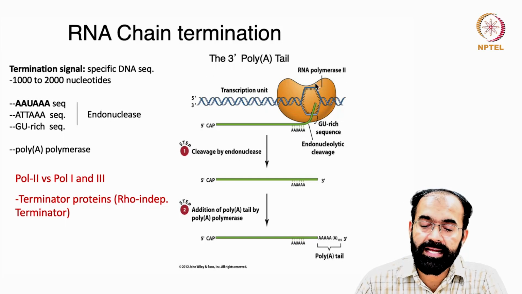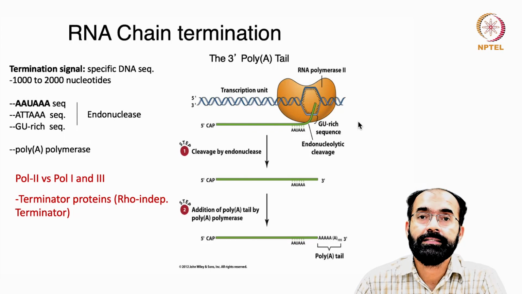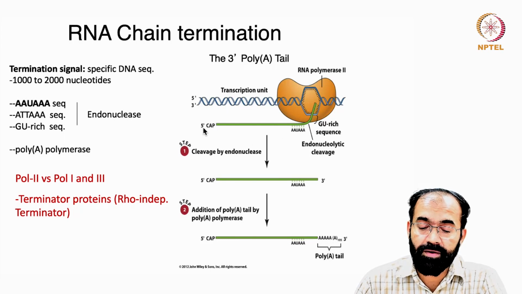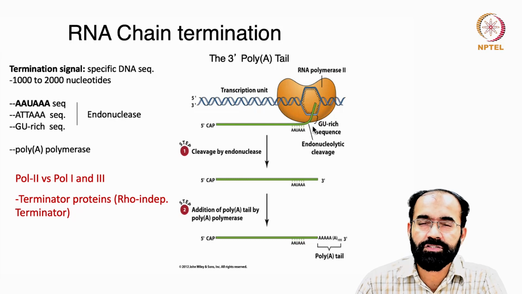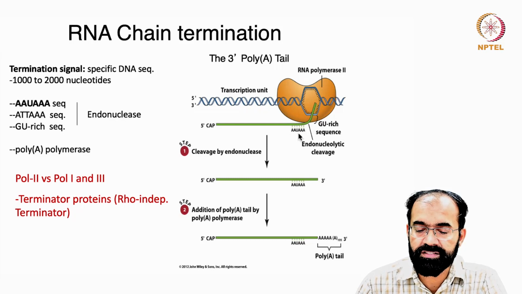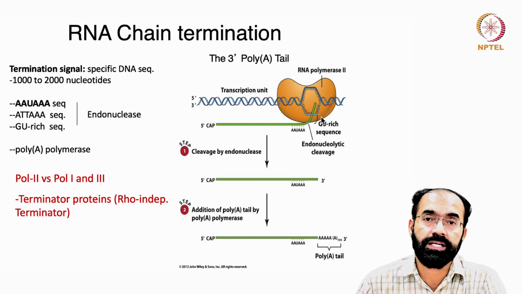The 3' poly-A tail has to be formed soon after the transcription termination. There is a 5' 7-methyl guanosine cap, then there is an AAUAAA signal, and soon after that, around 16 to 18 bases downstream of this signal, an endonucleolytic cleavage happens, and much further downstream you have a GU-rich sequence.